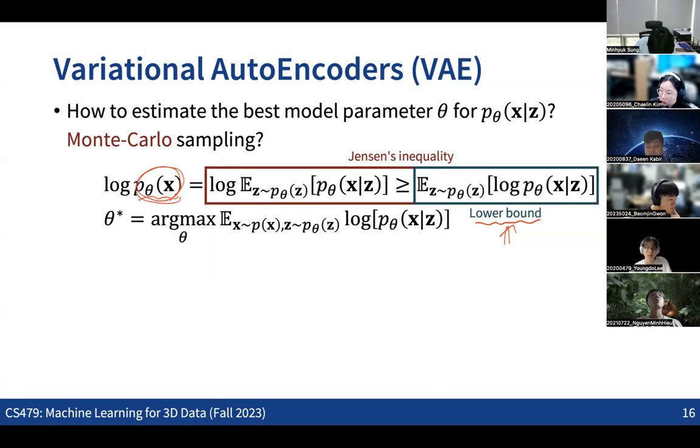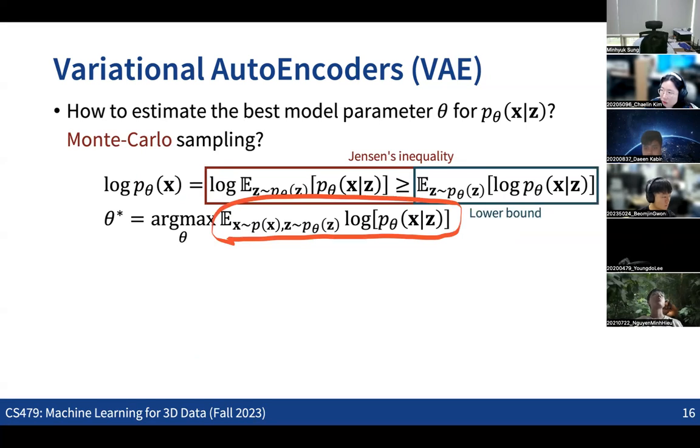And if we want to find the best parameters in a way that maximizes this probability for all the samples that we have, then we need to compute this expected value, right?